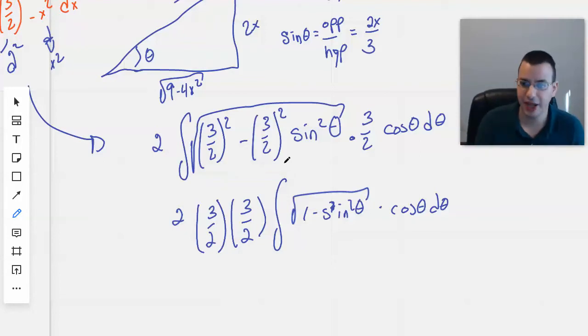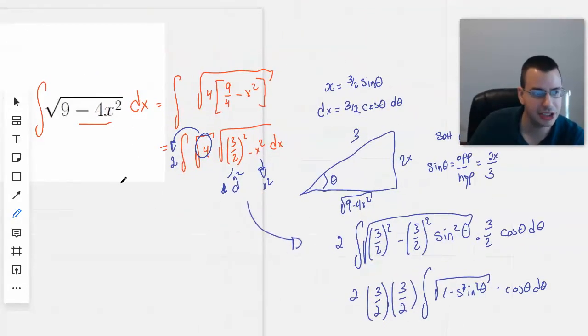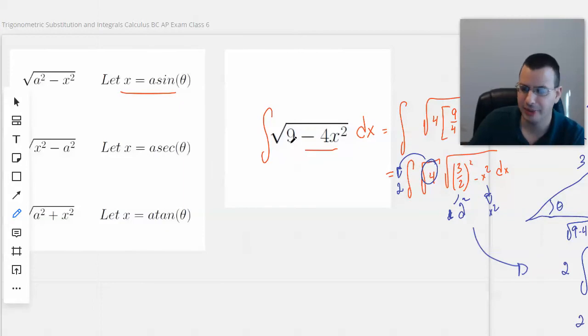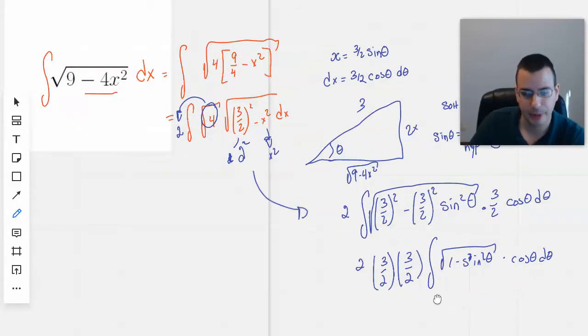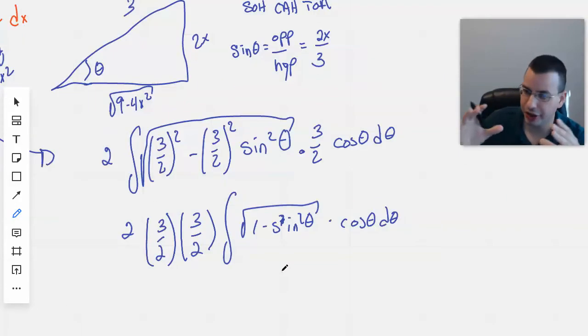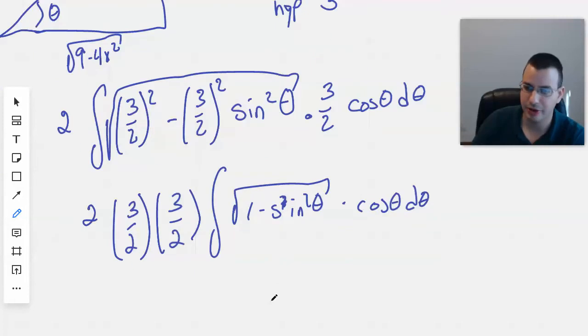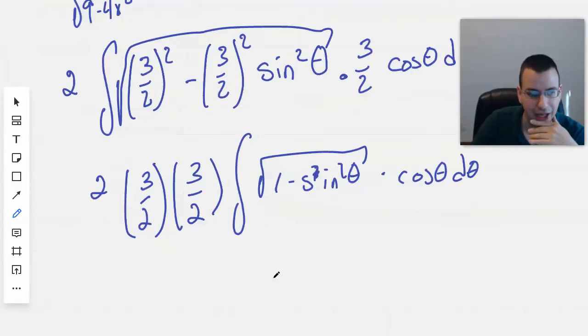And since there's a 3/2 in each of them, which was not accidental, that's why we chose x equals a sine theta. Sometimes when you see these formulas written, you'll see a b involved. I don't deal with b's. My memory is small enough that if I tried to remember an a and a b, it would just fall apart.